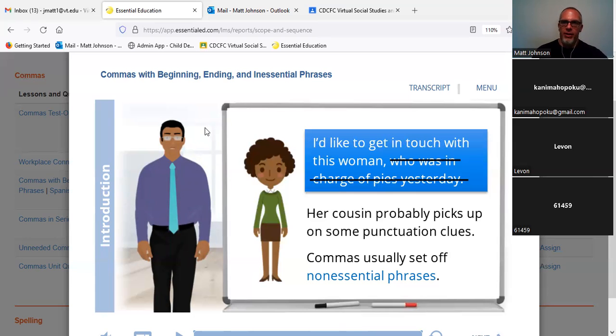So here it would change, right? "I'd like to get in touch with this woman." You don't even have a complete idea. Well, you do technically, but who was in charge of pies yesterday? So that is not an inessential phrase. It is essential to the idea of the sentence. So you're not going to have a comma there separating that out. It would just be, "I'd like to get in touch with this woman who was in charge of pies yesterday."